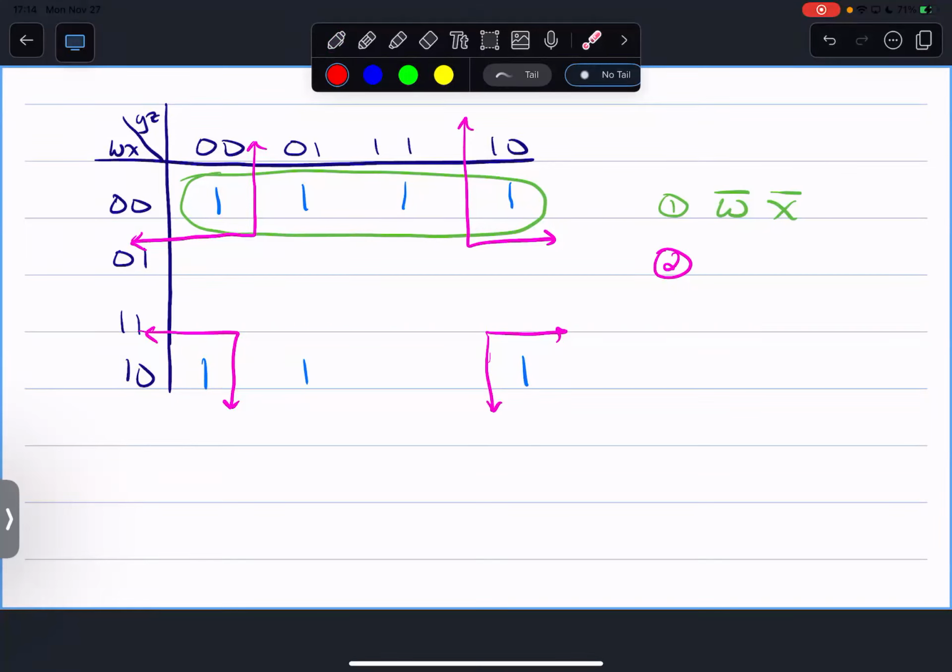I am seeing that W is off and W is on. Okay. How about X? X is off for all of these. So X is off is a summary of it.